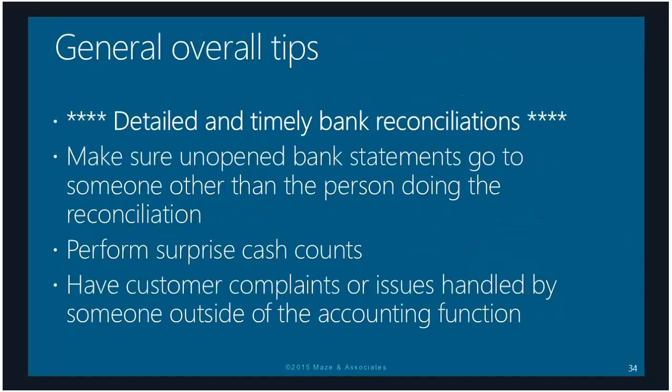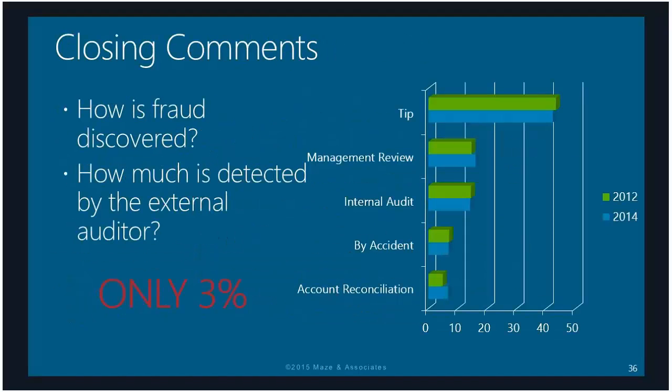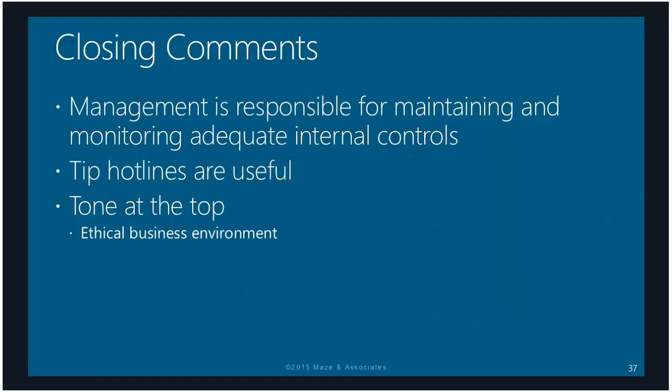It only accounted for 3% of the detections, and that's one of the things that us as auditors don't like to hear, but it's one of the things that we need to educate our clients and our boards and our city councils about: it's really management's duty to look at internal controls and maintain an environment that would limit the risk of fraud. And the use of tip hotlines, like you said, 42% are discovered by tip, is very important.